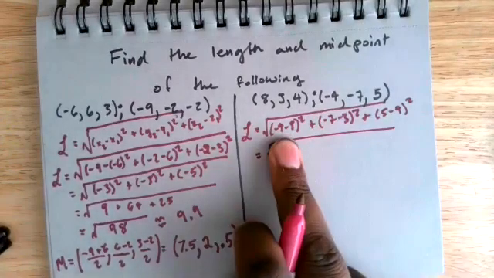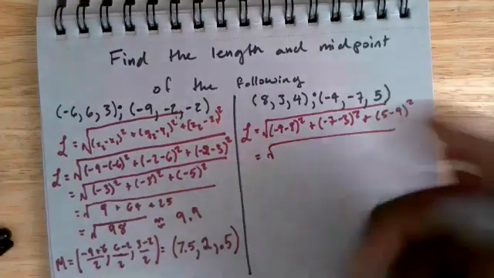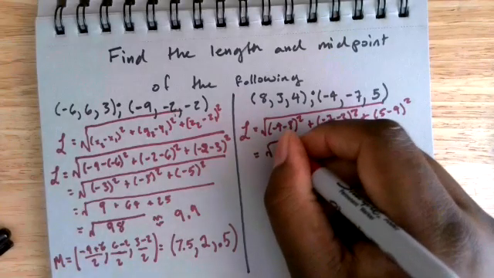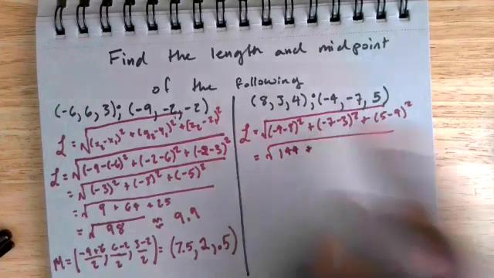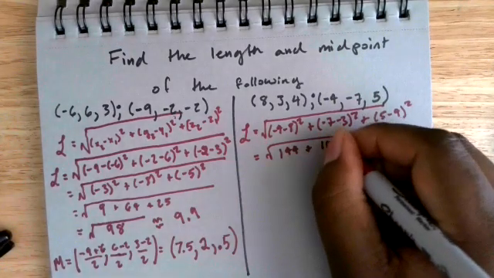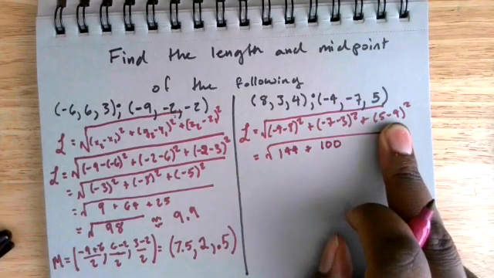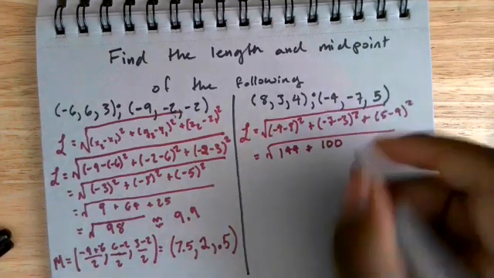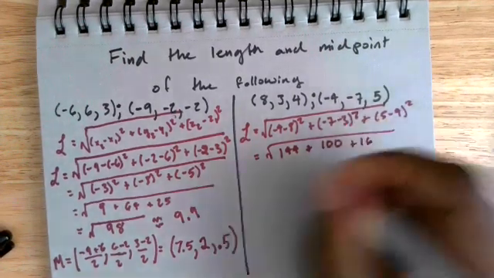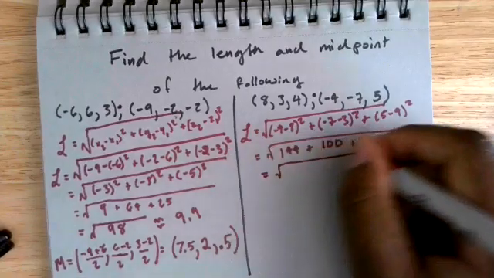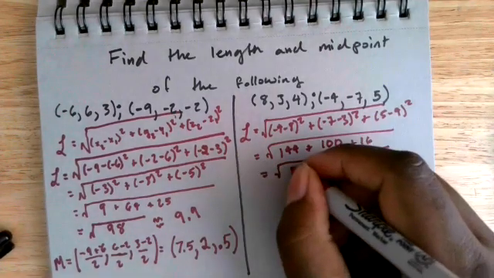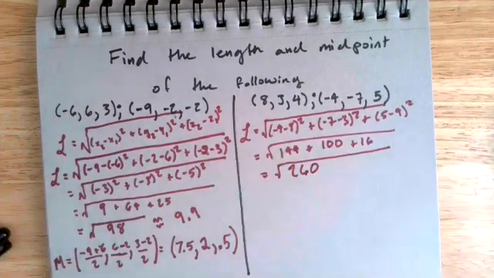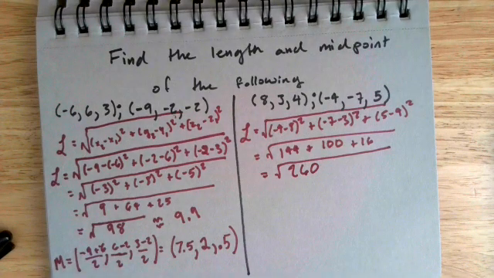Square root. All right, this is going to be -12 squared, which is 144. We can do -10 squared, which is going to be 100. And we can do -4 squared, which is going to be 16. So 240 to 260, I think, if my math's not wrong.